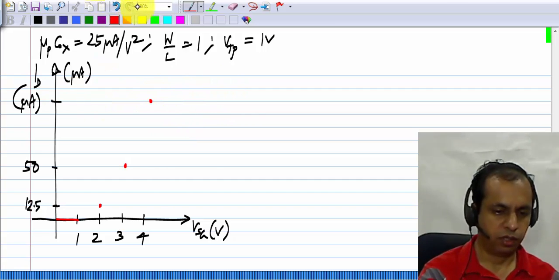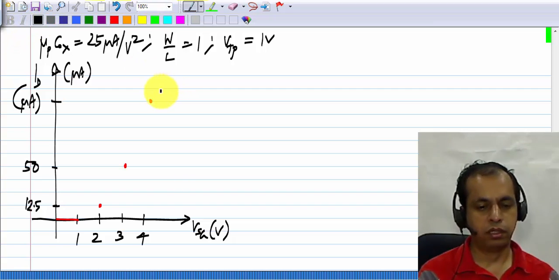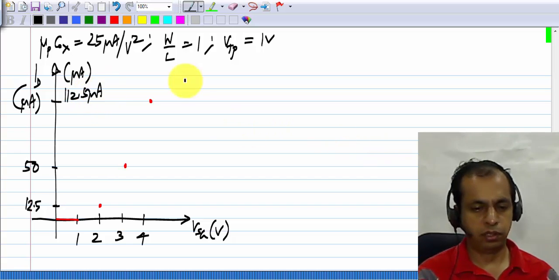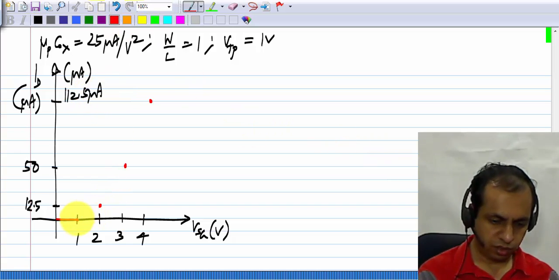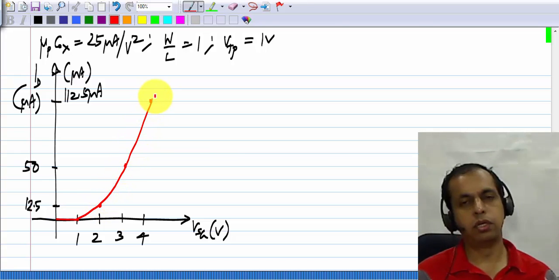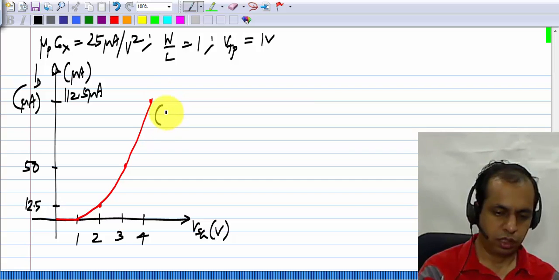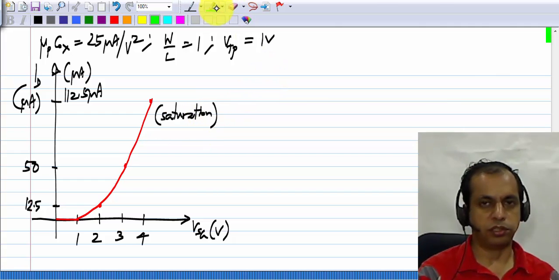So at VSG equals 4 volts we'll have 112.5 microamperes. So in saturation region it will be like that. I'll just write that saturation region is assumed here.